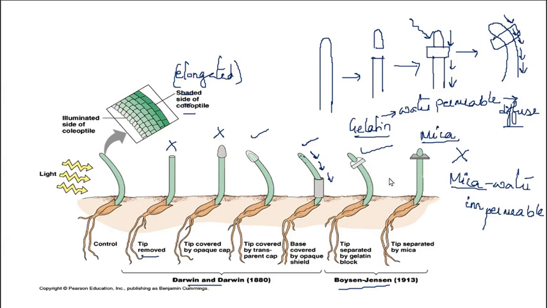It was seen that the normal bending occurred with the gelatin block in between. So what is the role of the gelatin block? Even if the gelatin block is there, the auxin can diffuse downward. Even in the presence of the gelatin block, auxin can pass through it and diffuse downward towards the base.